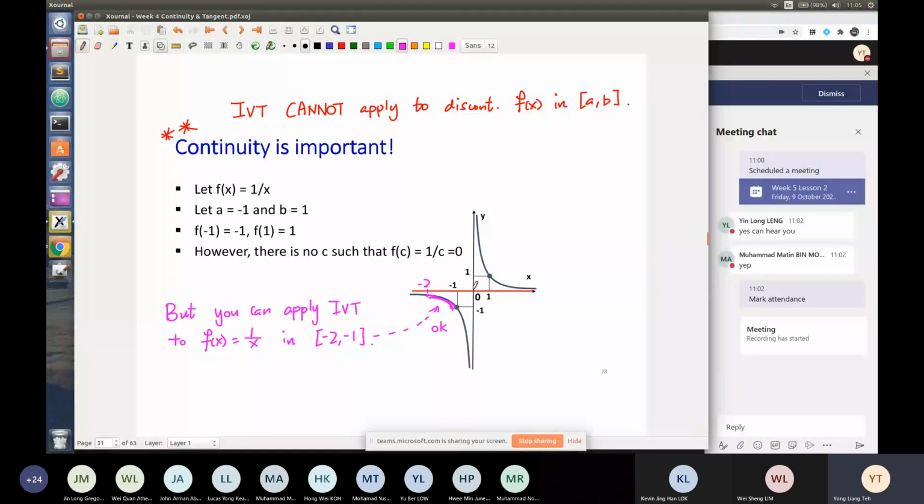Even though one side of the function gives negative and the other side gives positive, because of the discontinuity the function value might not pass through y equals 0. So continuity is important.